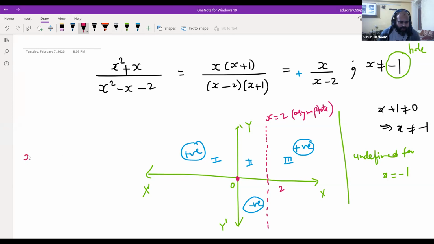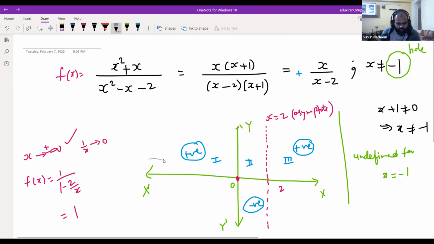When we take x as infinity, f of x is actually 1 by 1 minus 2 by x, so we divide by x. And when we put infinity, this will become 1, because for x infinity, 1 by x is 0. Or minus infinity also. So y is equal to 1 is also an asymptote. So there is a line y is equal to 1 here, which is an asymptote.